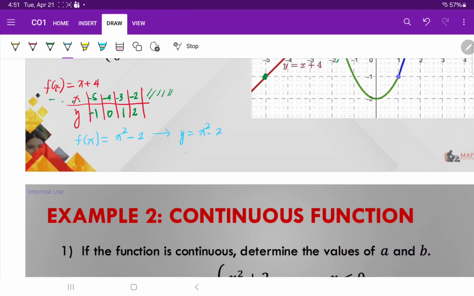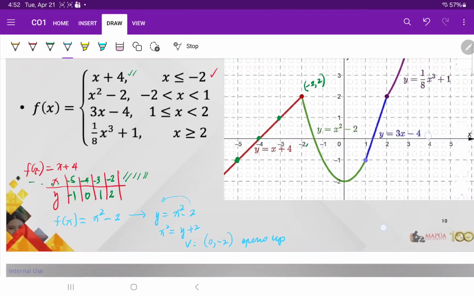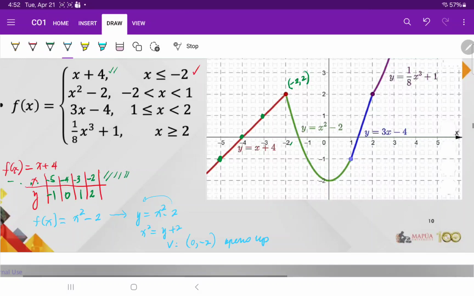And we could change this into x squared, transpose this here, is y plus 2. And we say here that the vertex is at 0, -2. And it opens up. So look at this one. This is your parabola. The vertex is at 0, -2 here. This is your vertex. And it opens up.